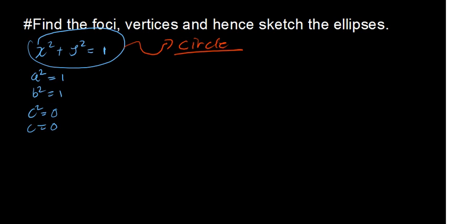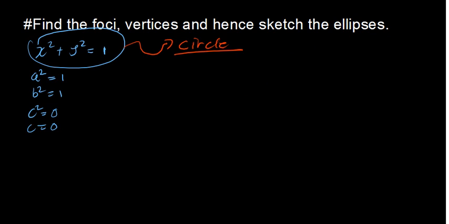The radius of that one is equal to 1, because remember the circle has the equation x squared plus y squared is equal to r squared. And in this case our radius is equal to 1, because r squared is equal to 1 is the same as r being equal to 1 as well. So we have a radius of 1.